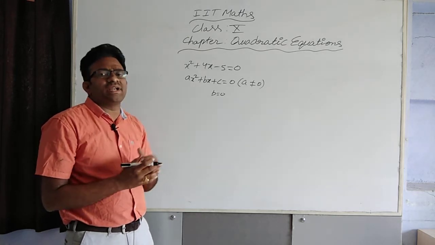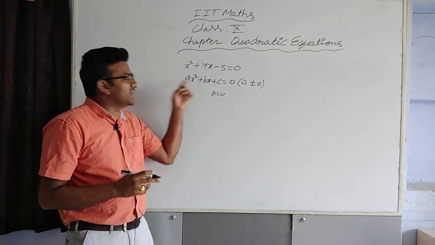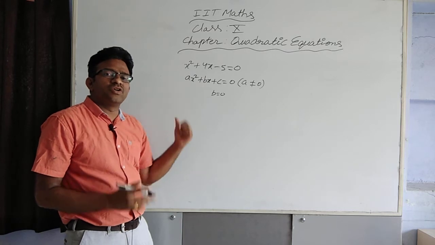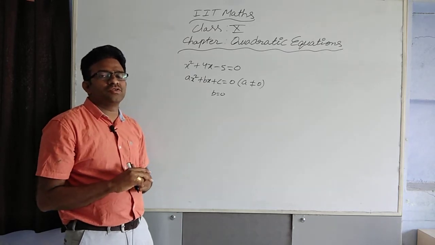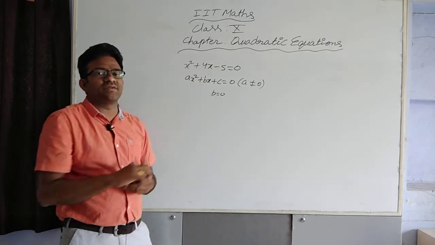Now, this quadratic equation has solutions. Based on the degree, how many solutions does it have? 2 solutions. Those 2 solutions can be taken as the roots of the quadratic equation.